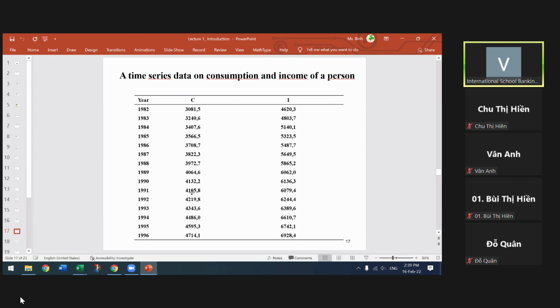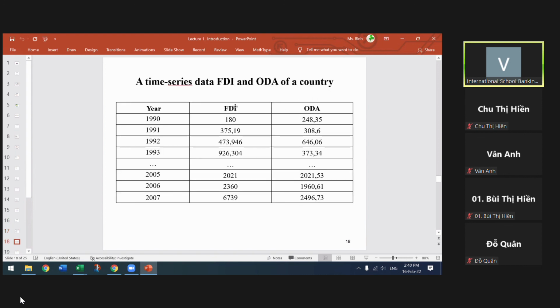Here the time must be in order from the past to the present. So this is a time series data set. And this is a time series data set too, on FDI and ODA of countries.